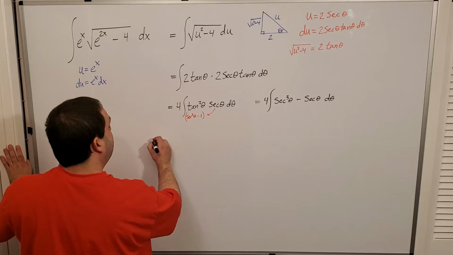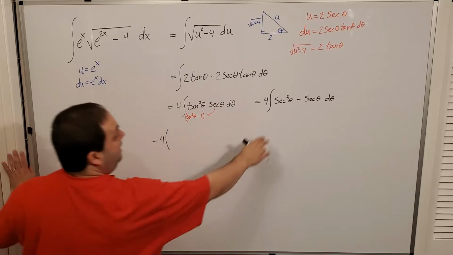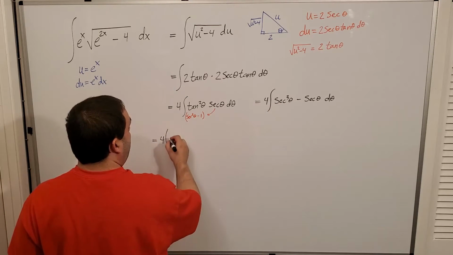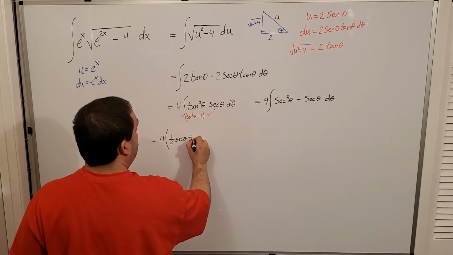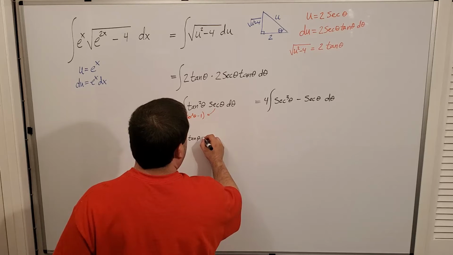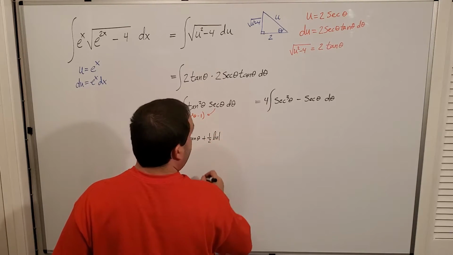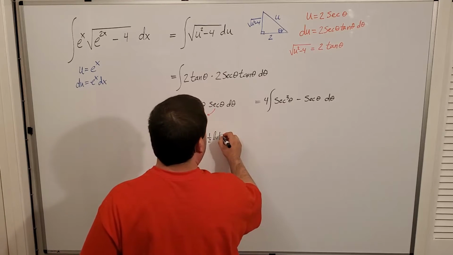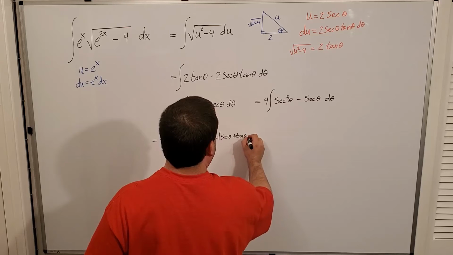Let's do that. I then have 4 times the antiderivative of the secant cubed, which is 1/2 secant theta tangent theta plus 1/2 ln absolute value of secant theta plus tangent theta.